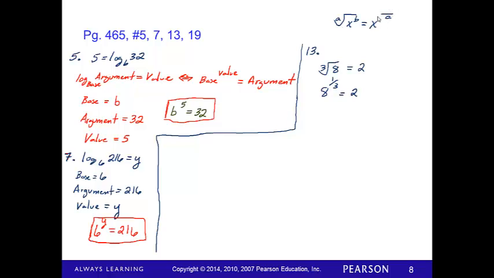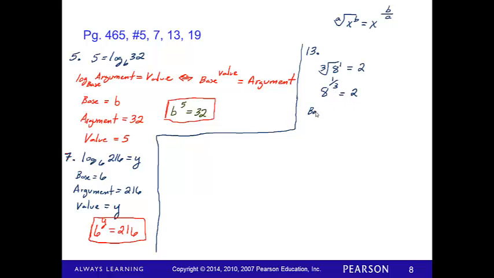The exponent will be a fraction: the number on the outside goes on the bottom, the number on the inside goes on the top, and the thing that you're taking the root of becomes your base. So this is x to the b over a power. This was 8 to the, well, what's on the inside? A 1. So 1 over 3 power equals 2.